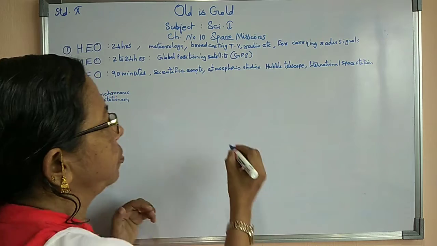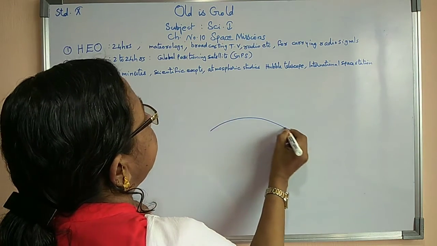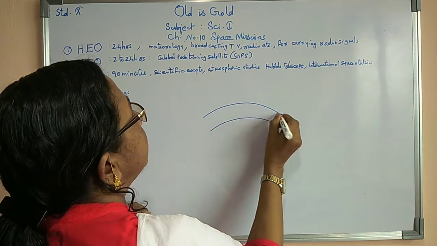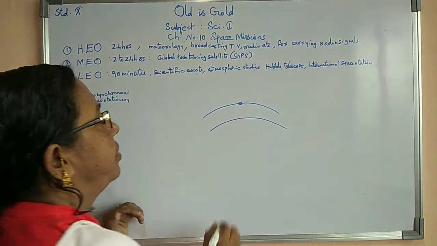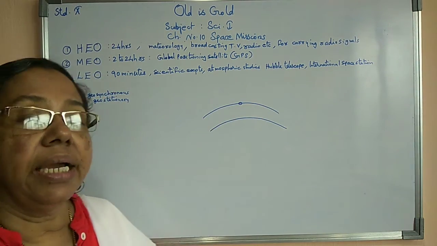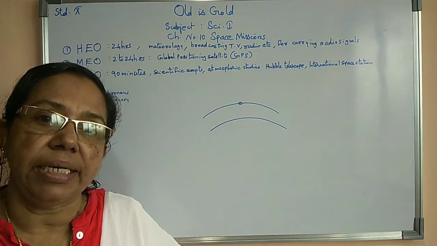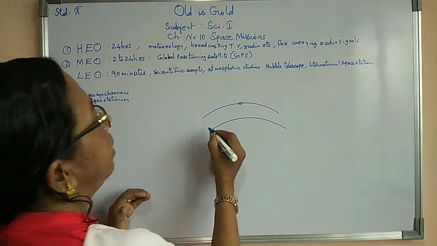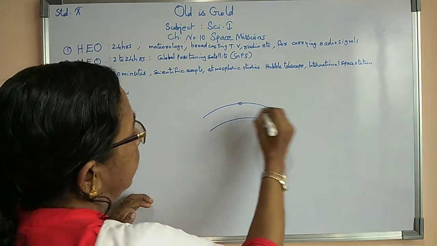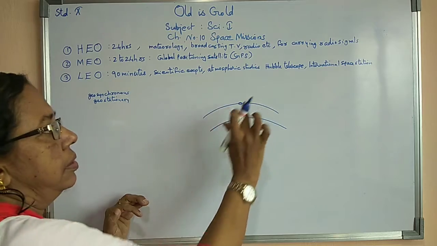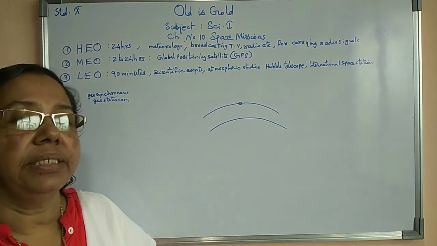So suppose the surface of the Earth is like that, then parallel to the surface of the Earth, the movement of the high Earth orbit satellite will be there. As a result, the movement of the Earth also will be parallel to the high Earth orbit satellite.